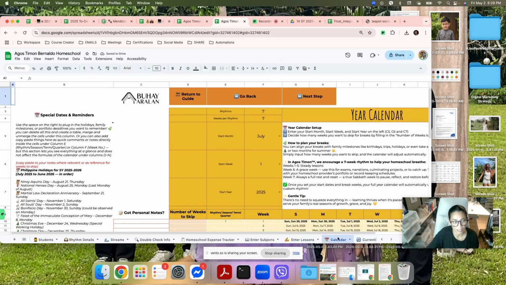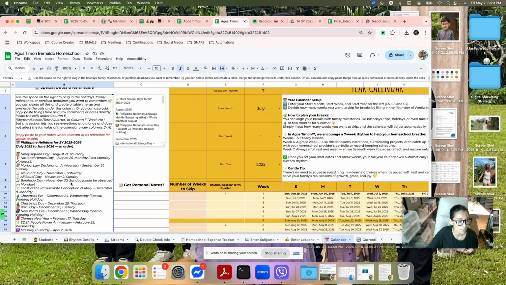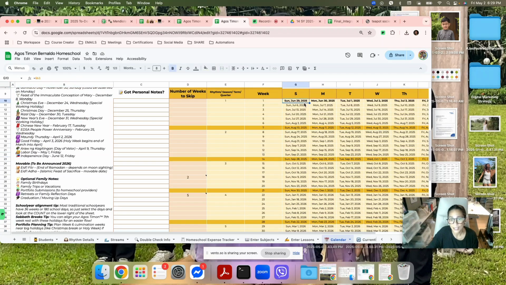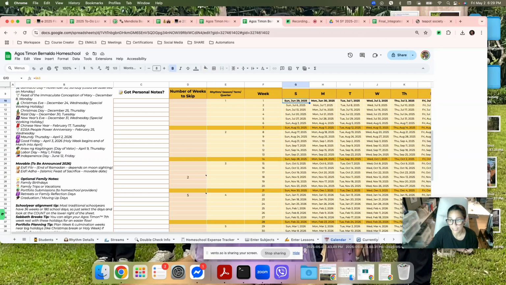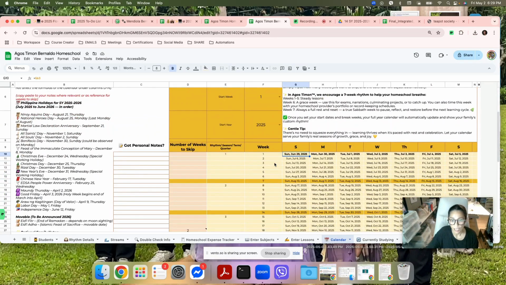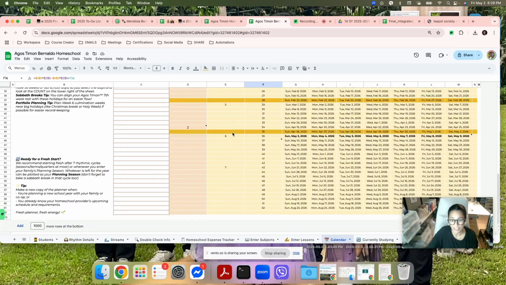In this calendar, I have a lot of notes here, because I wanted to provide you with things that you might want to consider in your stream. And if you look at the calendar, I've already highlighted every 7 weeks.